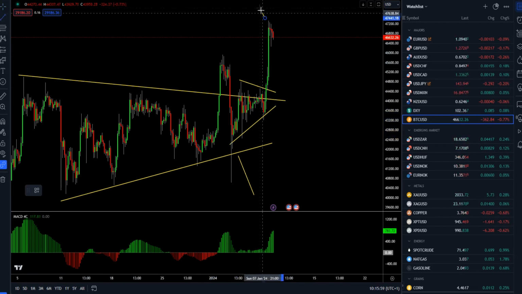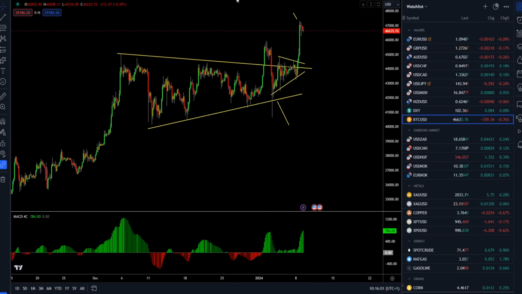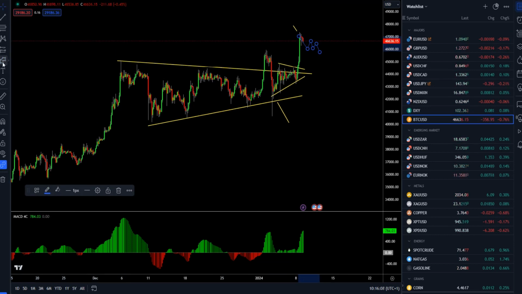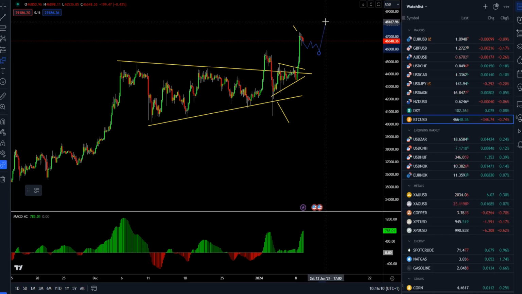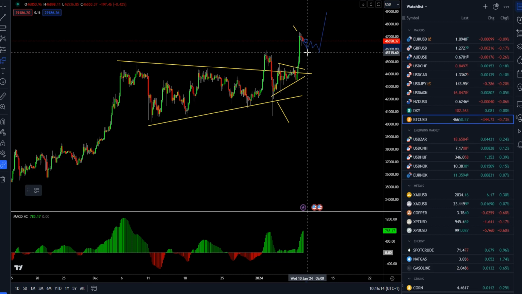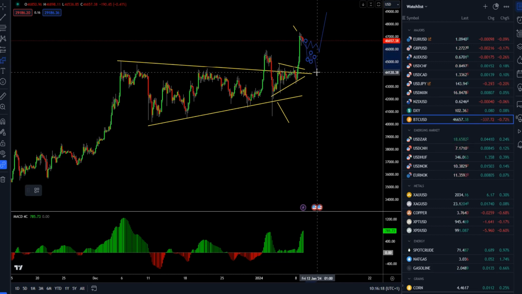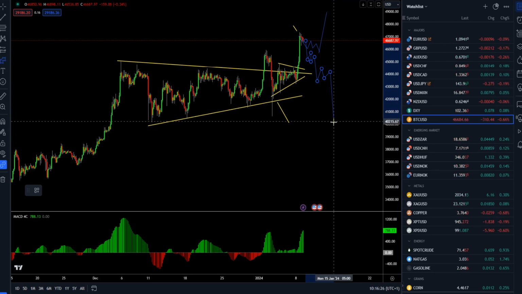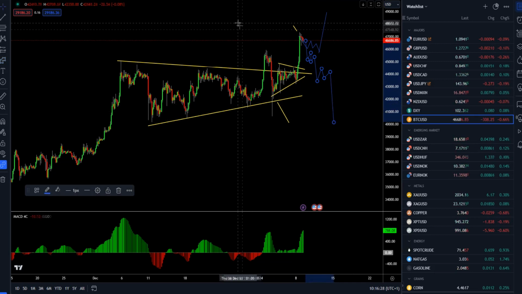Now after this rally and initial upside move, we will see if the market can hold and have a narrow pullback, and that will be a good sign for potential higher prices towards the 48,000, 49,000. But if the sellers will be very active, and if we can see a strong aggressive momentum to the downside, then there is a chance for the rotation back into this range and eventually 41,600 or even 40,150 mark.